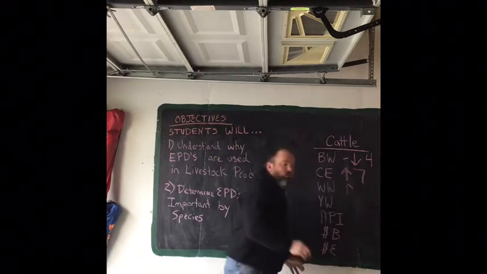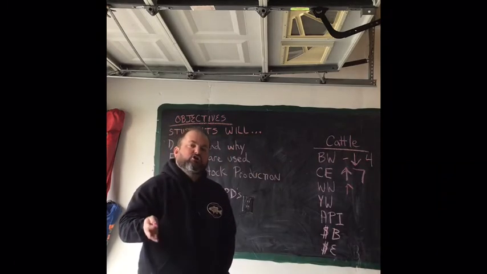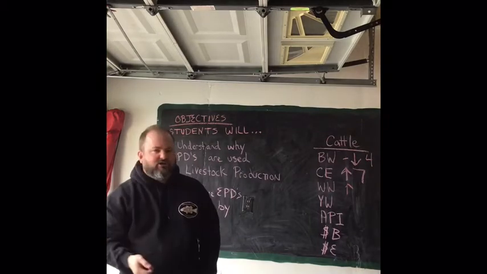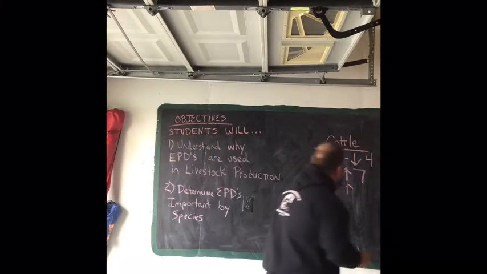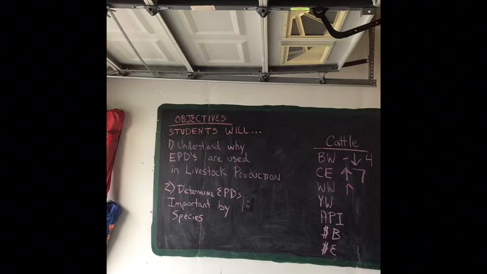The reason that we want weaning weight high is because you're going to get a return on the investment. I want to put you in a situation here to help you understand that. Let's say I have a calf that is 550 pounds, and I have another calf that is 450 pounds.